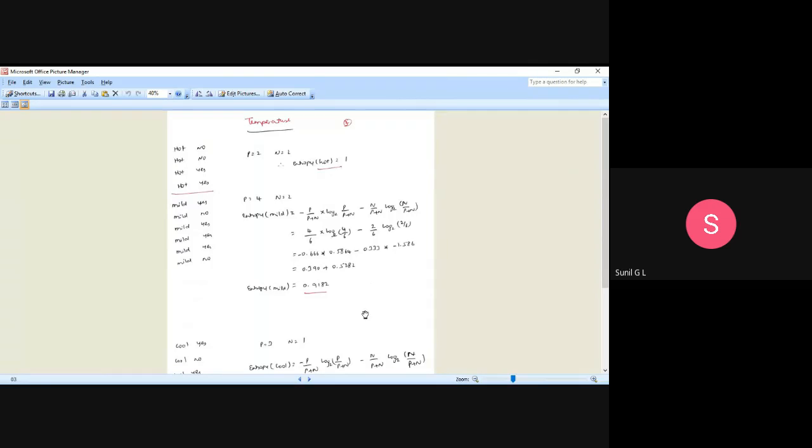That value of entropy will be 1. When all are positive or all are negative, at that time entropy value will be 0. When positive and negative values are both equal, at that time entropy value will be 1.